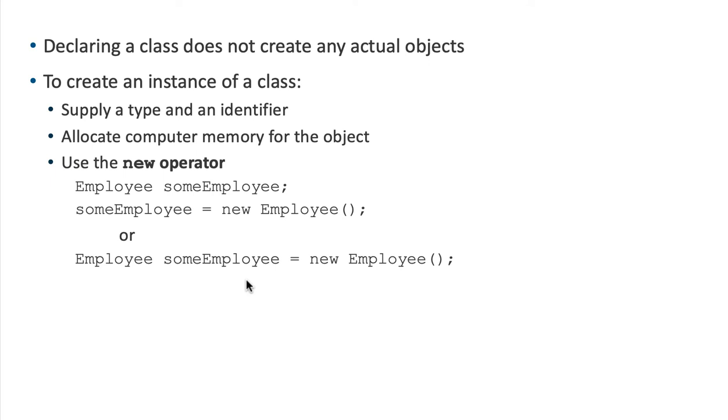The final portion of the statement after the new operator, which is Employee with parentheses, looks suspiciously like a normal method name. In fact, it is the name of the method that constructs an Employee object. So Employee, as you can see here, is called a constructor, a special type of method that creates and initializes objects.